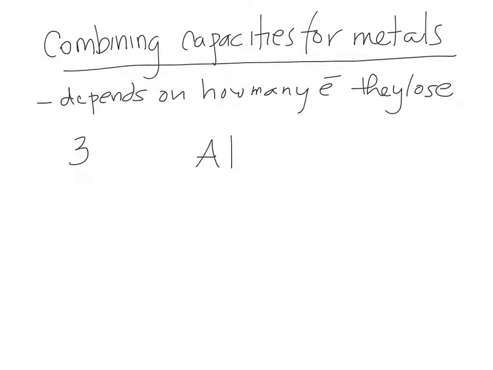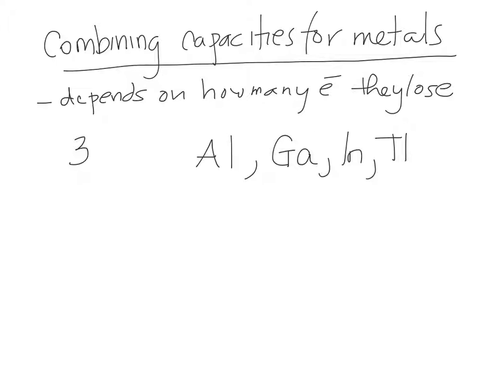Aluminum will lose 3 electrons. So will the 3 elements listed below it: gallium, indium, and thallium.